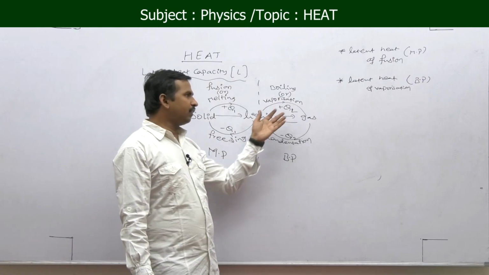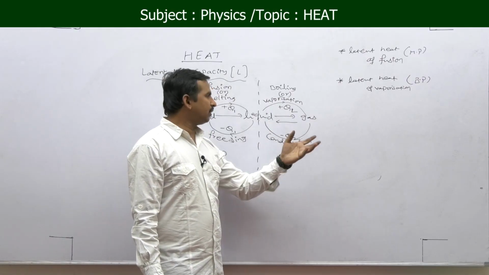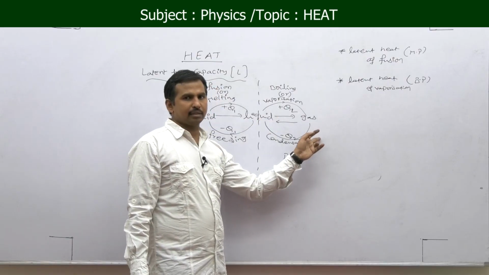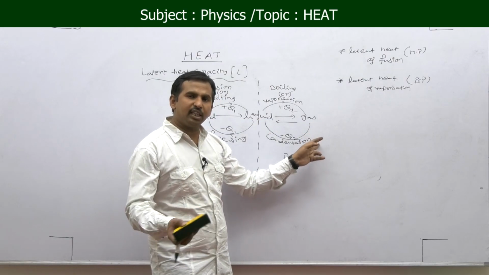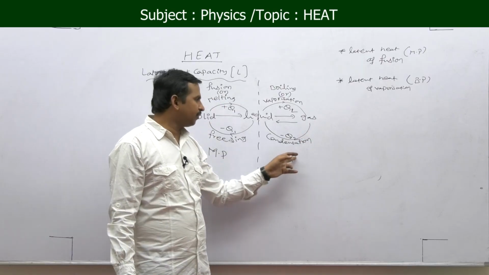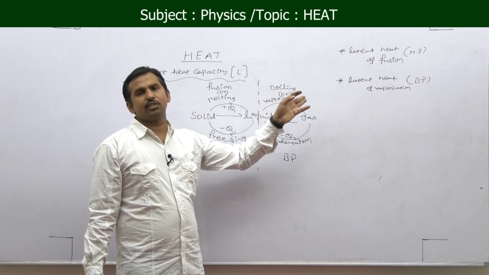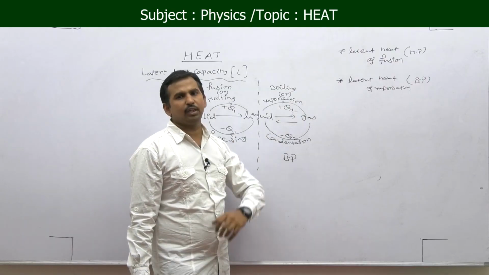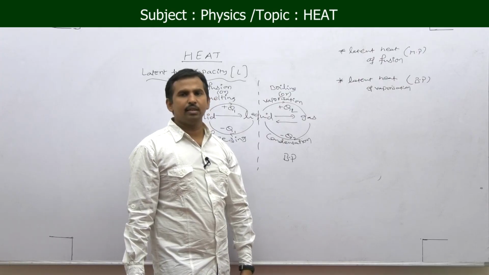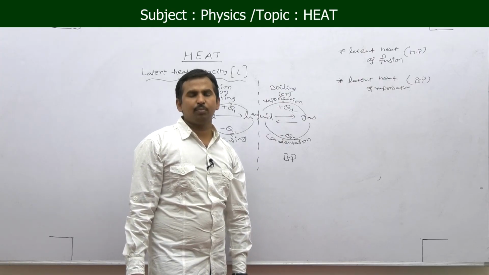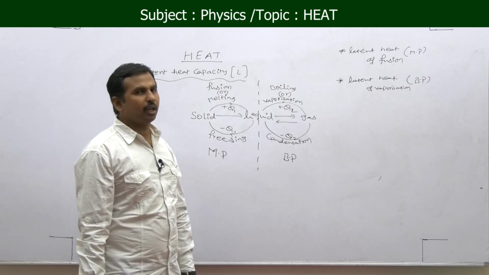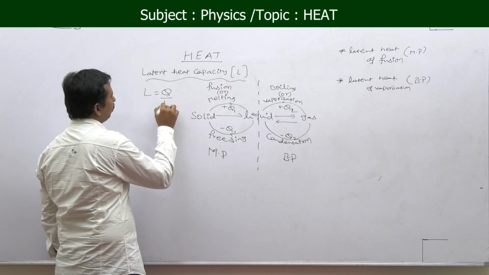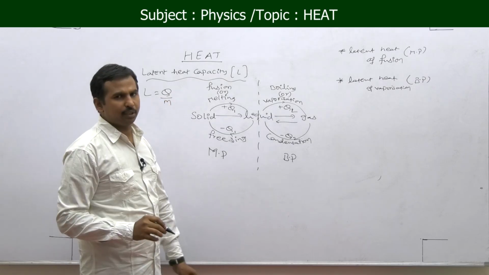In the same way, latent heat of vaporization is the amount of heat energy taken while converting from liquid to gas, or given out while changing from gas to liquid. In both cases we take the same unit mass of a substance, where the formula is L equals Q by M, calorie per gram.